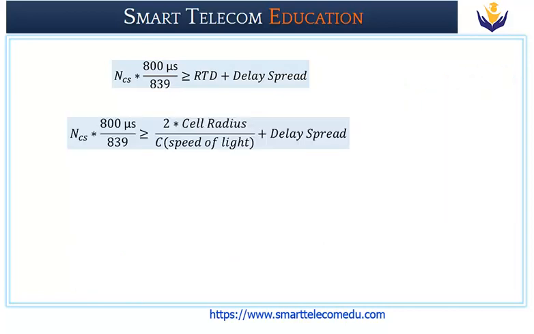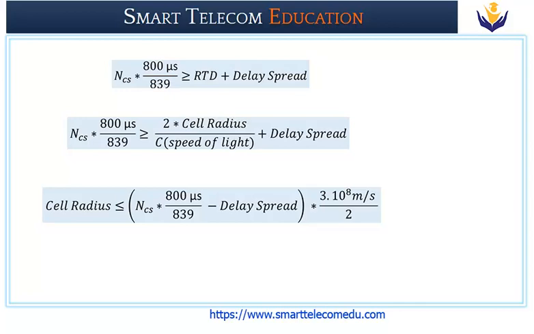The round-trip delay is equal to the cell radius divided by c, the speed of light. From the formula, the maximum cell radius shall be less than the NCS value multiplied by the preamble sequence 800 microseconds divided by 839, minus the delay spread, multiplied by the speed of light and divided by 2.